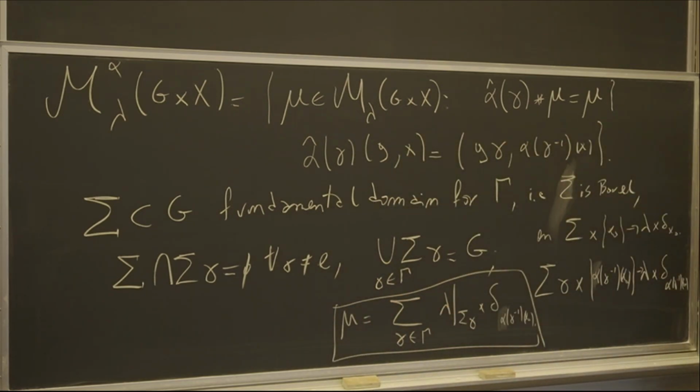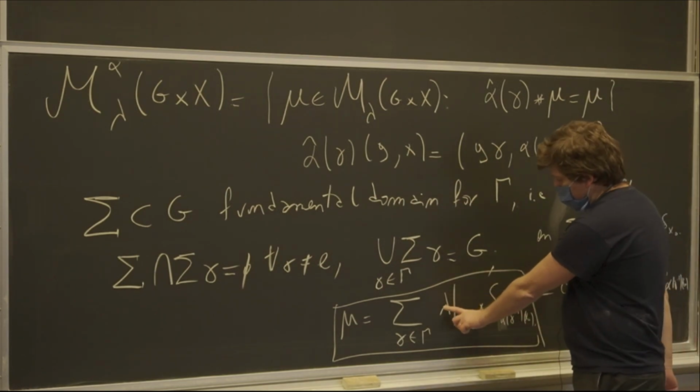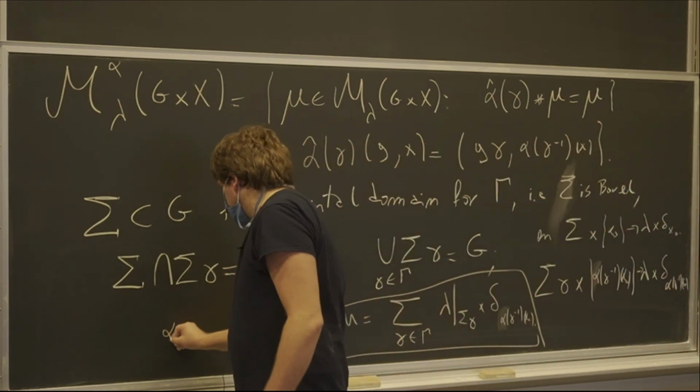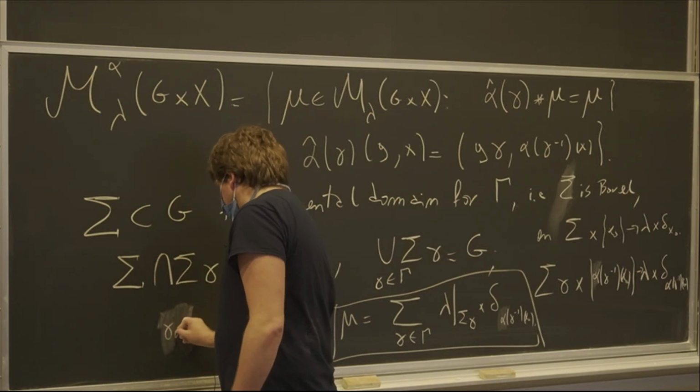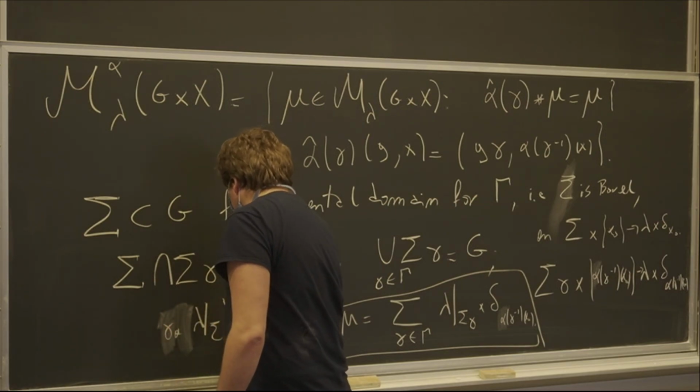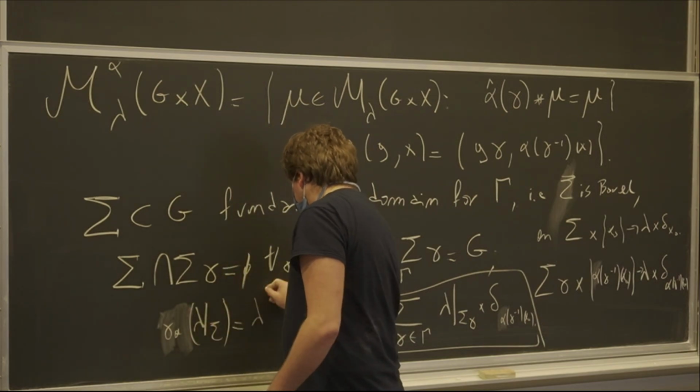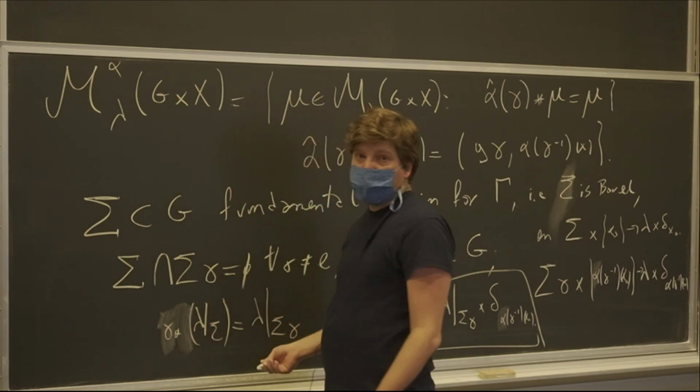Okay, so this measure will have the alpha hat invariance, and the reason for that is that alpha gamma star lambda restricted to sigma is lambda restricted to sigma times gamma.